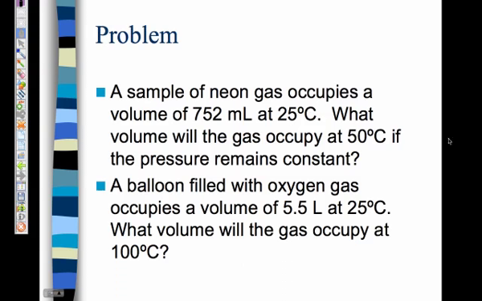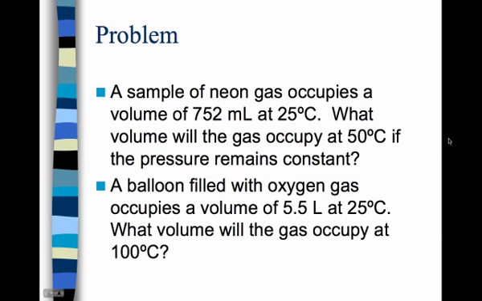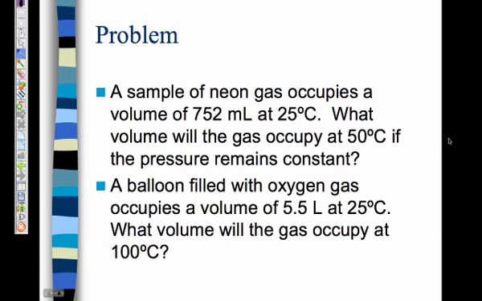Okay, so a sample of neon gas occupies a volume of 752 milliliters at 25 degrees Celsius. What volume will the gas occupy at 50 degrees Celsius? What's our initial volume? 752.